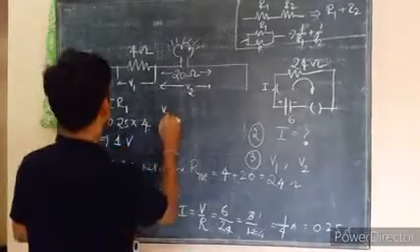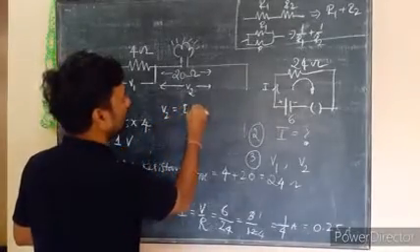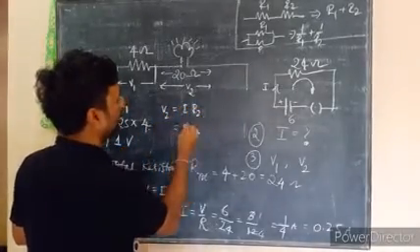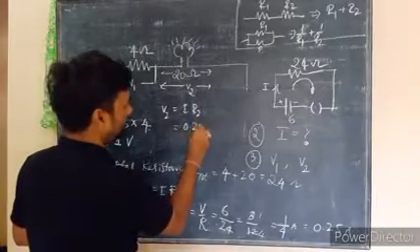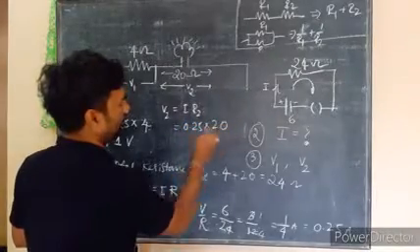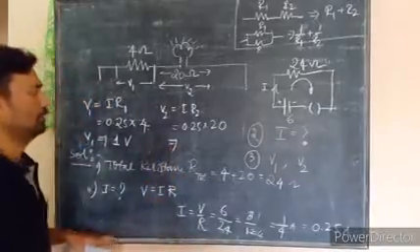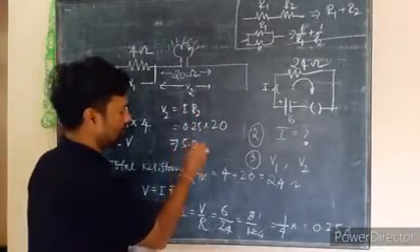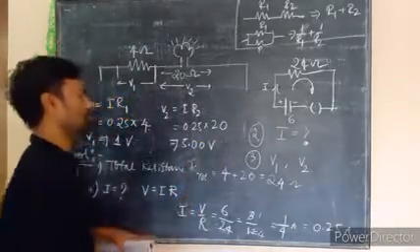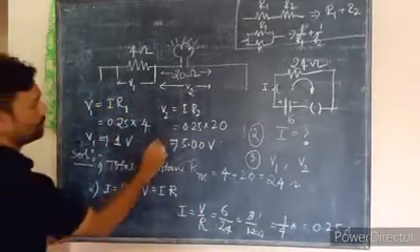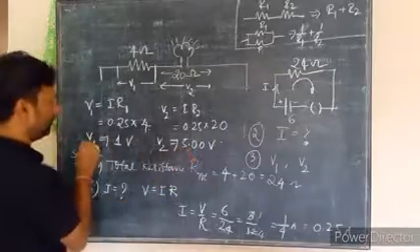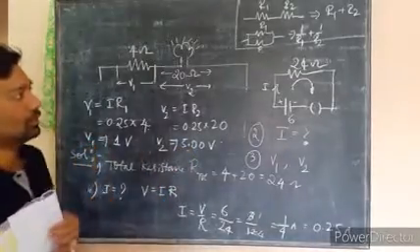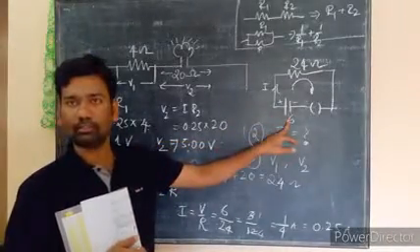Then V2 is equal to I into R2. I is again 0.25, R2 is 20. 20 into 25 is 500, so 5.00, which is 5 volt. So V2 is 5 and V1 is 1. The total supplied voltage is 6 volt.